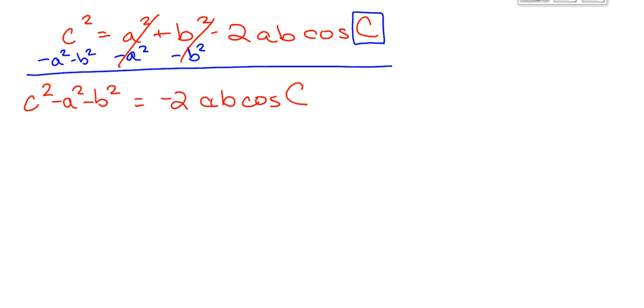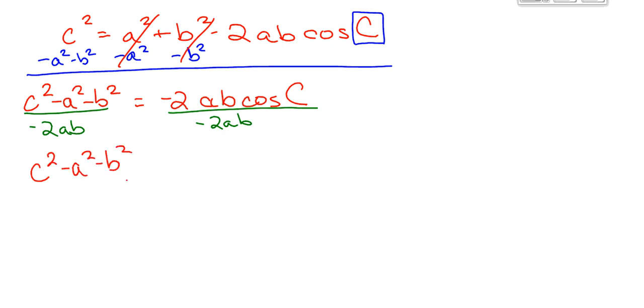Then, since we want to get the cosine c alone, we're going to divide by the coefficient of cosine c, which is negative 2ab, on both sides. That's going to give us c squared minus a squared minus b squared over negative 2ab equals cosine c.